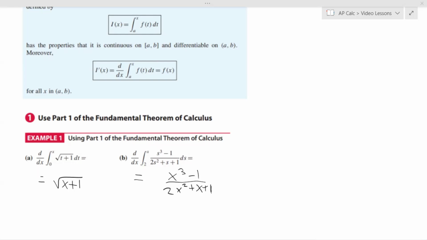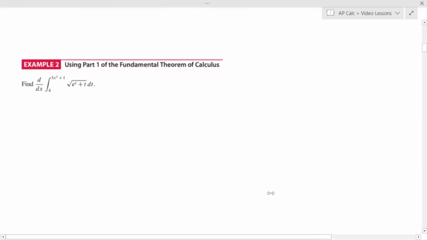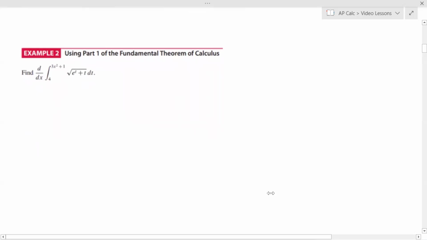So let's look at another example, where the upper limit is not simply x. We have to use the chain rule here, where u of x is equal to 3x squared plus 1. Then we can think of this integral as y equals the integral from 4 to u of the square root of e to the t plus t dt.